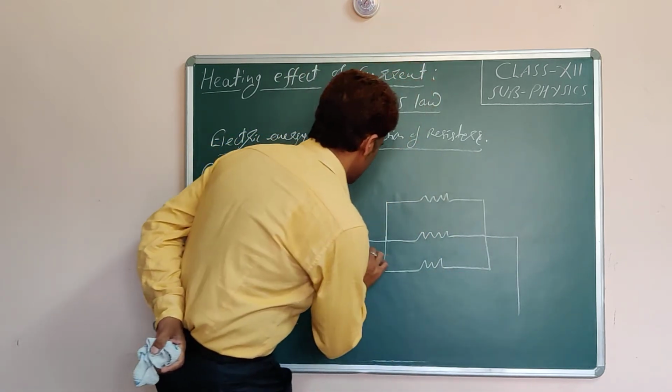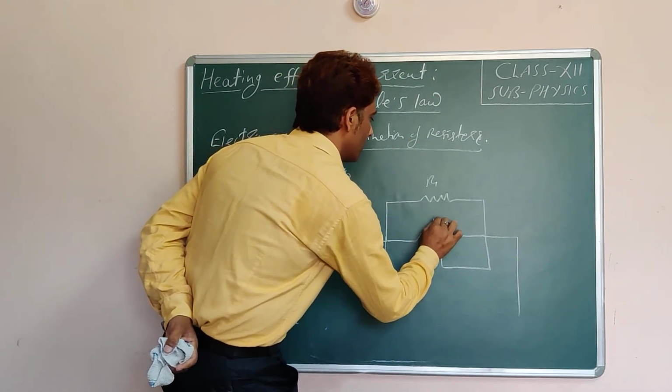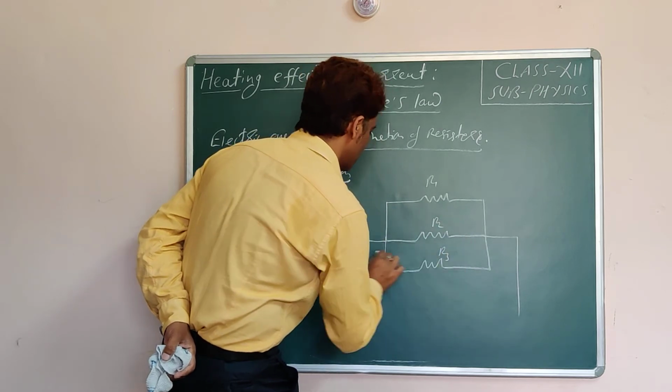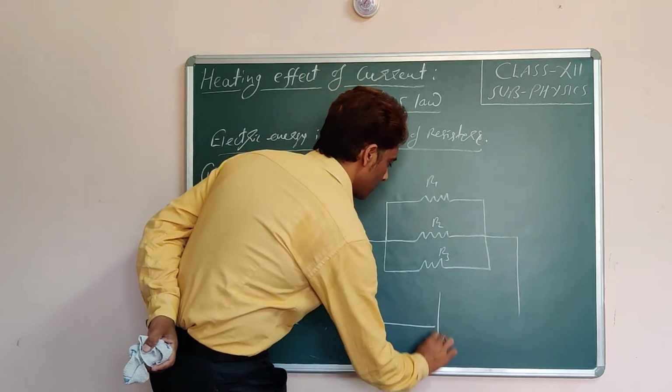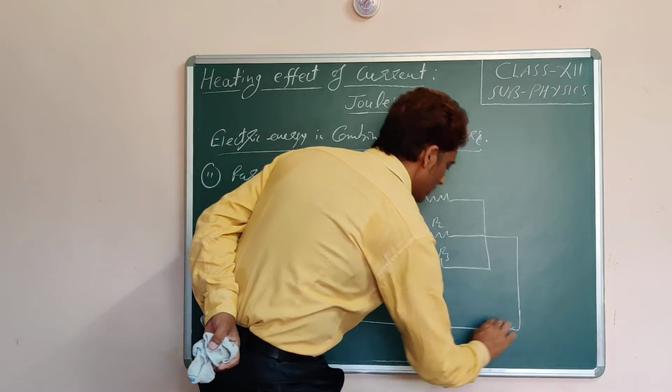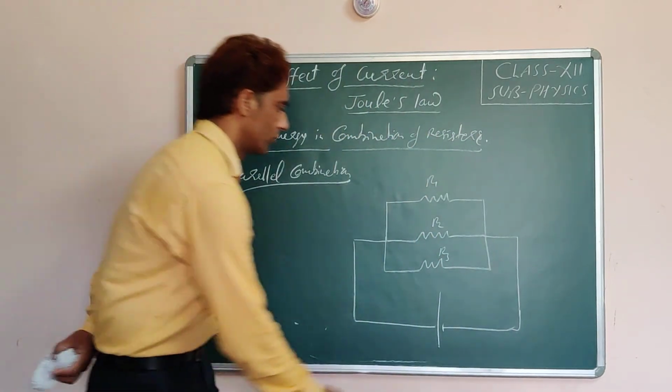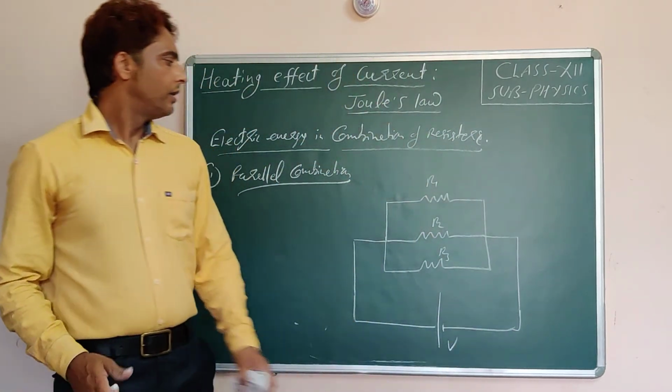Let these be 3 resistors of resistance R1, R2, R3 connected in parallel to a source of potential difference V.